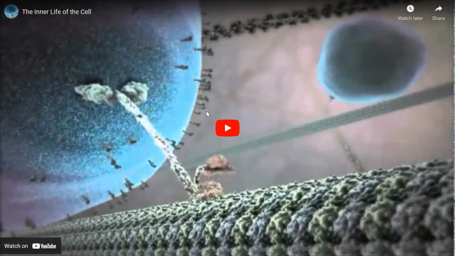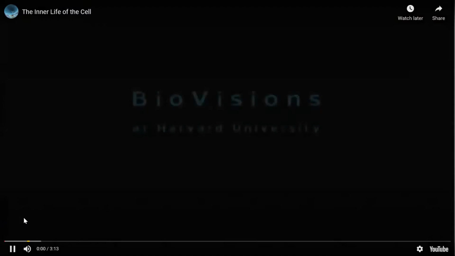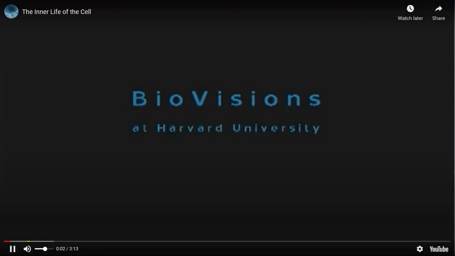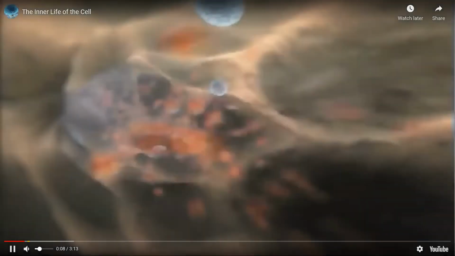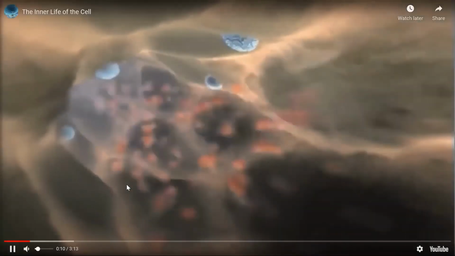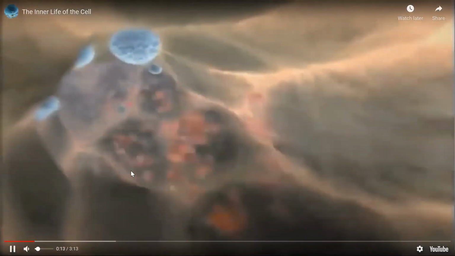By the way, they did their best to make everything as accurate as possible in terms of protein structure and those kind of things. So here we go. So what you're looking at, by the way, are some white blood cells moving around. That's what you were seeing.